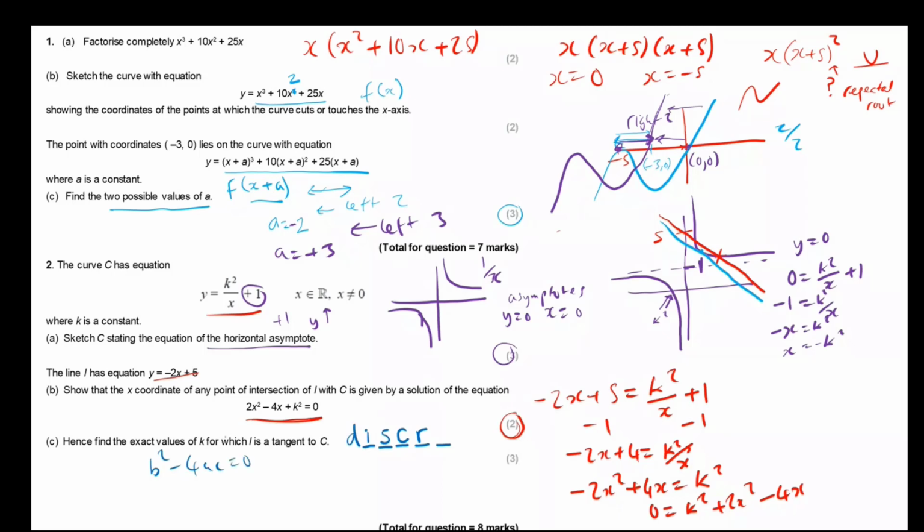So this says equal, so we just use b squared minus 4ac equals 0. And if you've got, let's say, exact values for k, you've got a equals 2, b equals minus 4, c equals k squared.